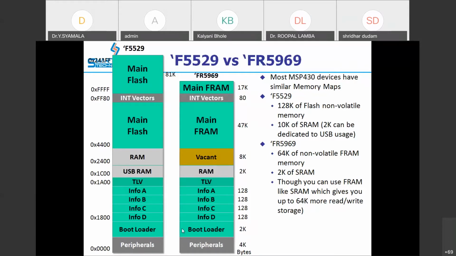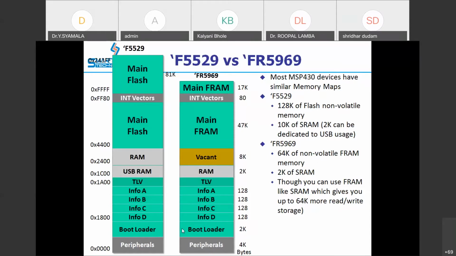In some applications, huge data computation is required, and at that time the user wants to read and write. For example, suppose I want to interface TFT displays. A TFT display needs a huge memory for displaying characters, even images, and like that. At that time this FRAM is very useful.